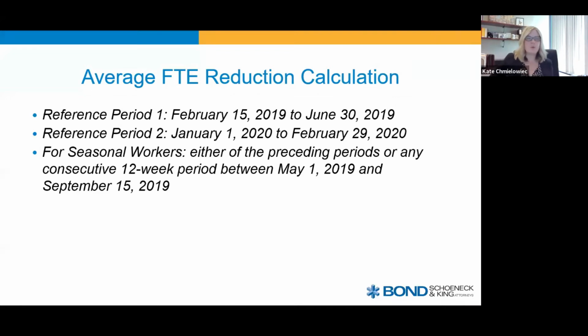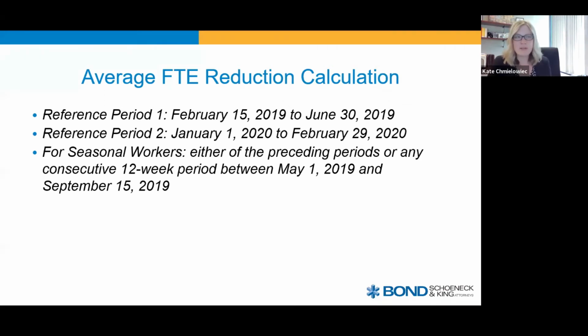Okay. So the average FTE reduction calculation. So these are going to be your look back periods to determine how your FTEs have changed. So you have a few different options here that the SBA gives the borrower flexibility about. So the first is reference period 1, February 15th through June 30th, 2019.